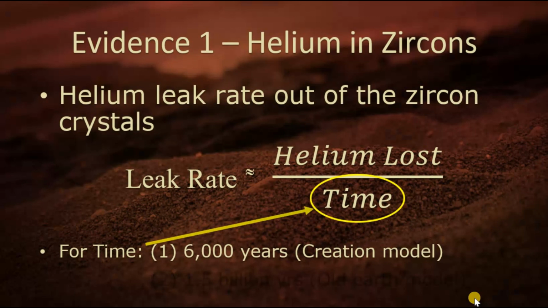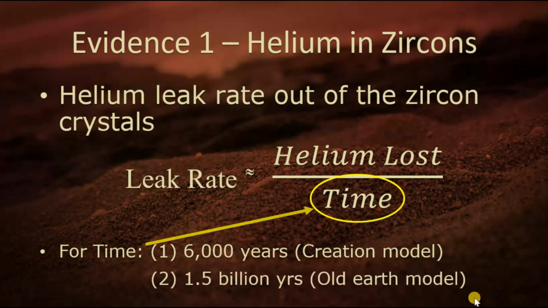We'll use a creation model time and put 6,000 years at the bottom, and we'll use an old Earth model of 1.5 billion years and put that time at the bottom. For 6,000 years of time, the helium leakage rate had to be fast. For 1.5 billion years of time, the helium leakage rate had to be very slow.